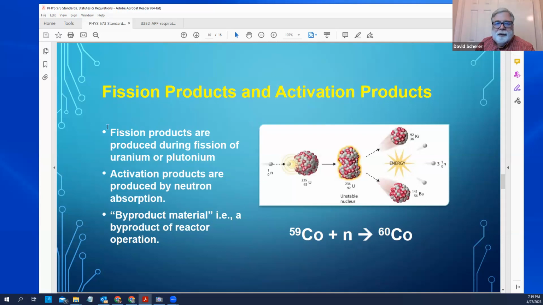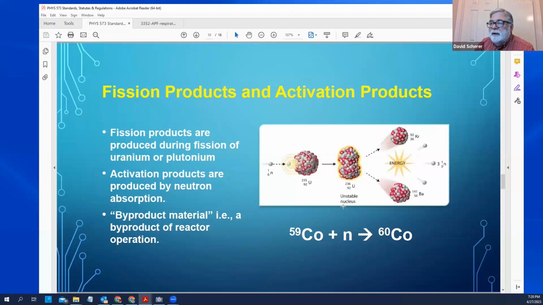Another source of radioactive material in power plants is activation products. So cobalt-59 is normal stable cobalt. It's used in a lot of places in the power plant because it's a component in some forms of steel. And so work that may be done, maybe grinding a valve so it seats properly, may produce very small fragments of cobalt-59, dust that may circulate through the reactor.